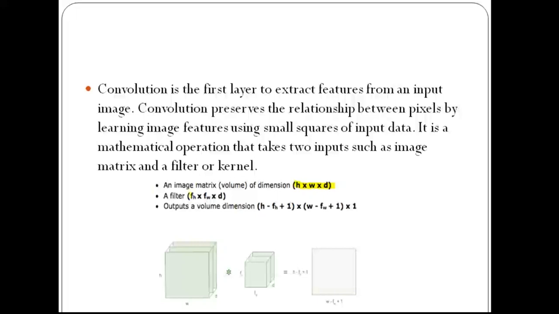The filter we have used is of size FH and FW, with the same depth. We are working only on the height and the width. Clear? Then the output size will be (H minus FH plus 1) by (W minus FW plus 1). Depth we are not working with, so it will remain as D.